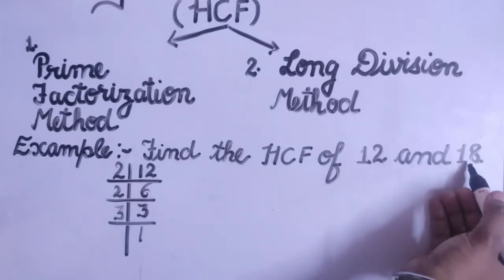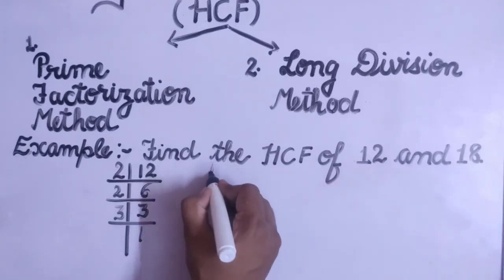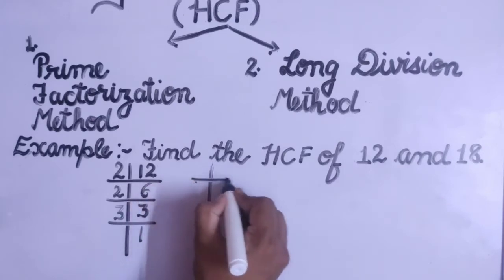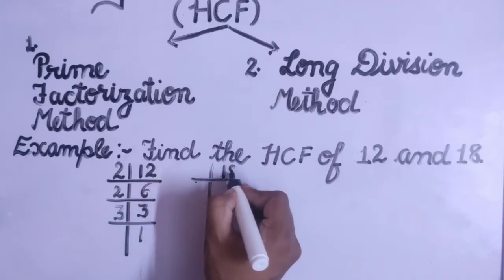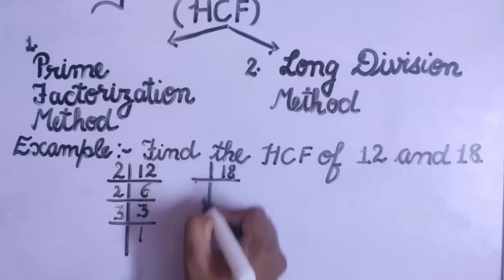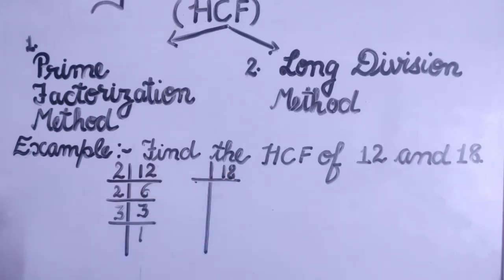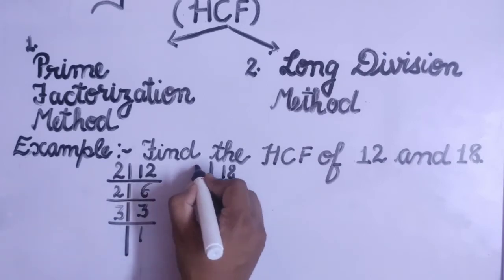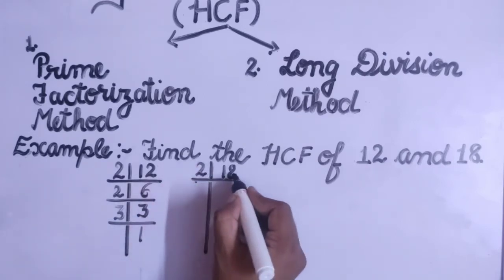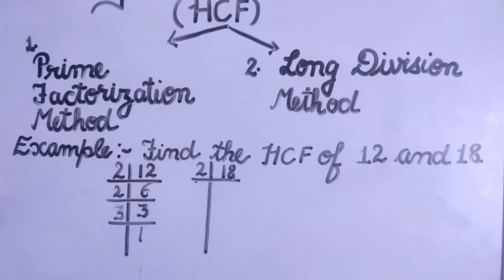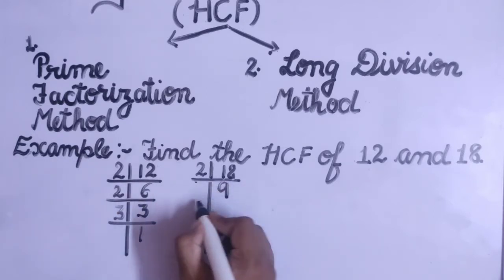Now we will find out the factors of 18. Yes students, now once again try to divide it with the smallest prime factor. Smallest prime factor is 2. When we divide 18 by 2, the answer will be 9.